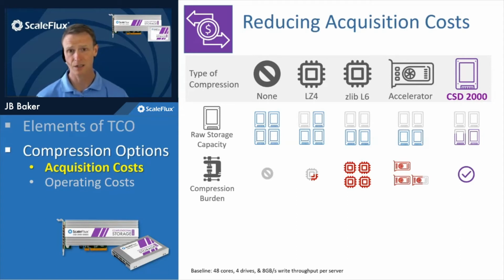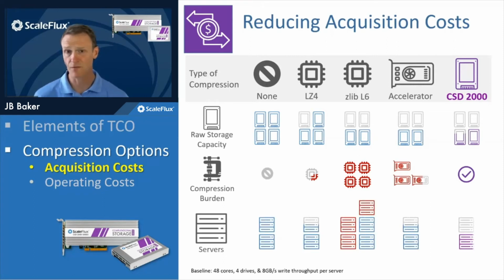The accelerators, it's going to take you 2 to 3 cards to provide that throughput level because they're delivering in the neighborhood of 3 gigabytes per second. The CSD2000, the engine is built in. Each drive can deliver 2 gigabytes per second of throughput. So as you add 4 drives, you get your 8 gigabytes per second just integrated right into the drive.